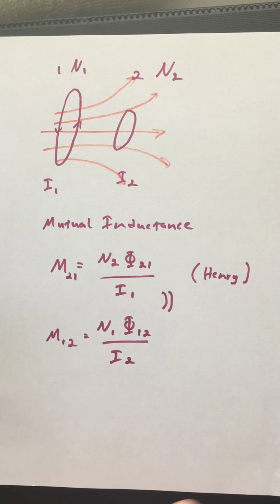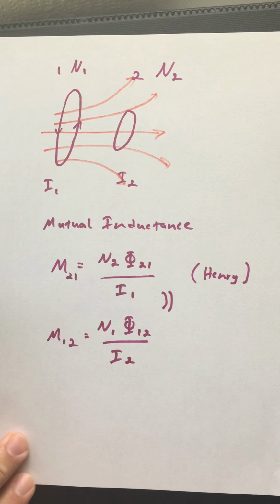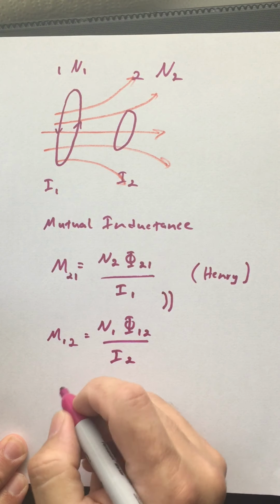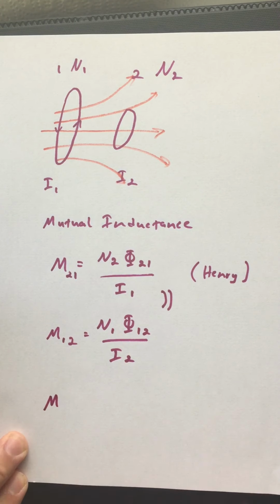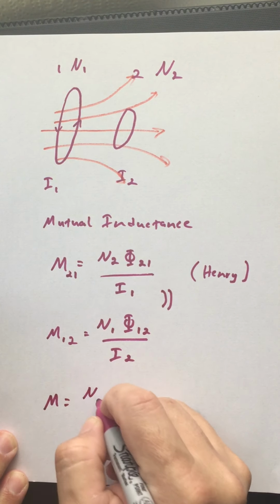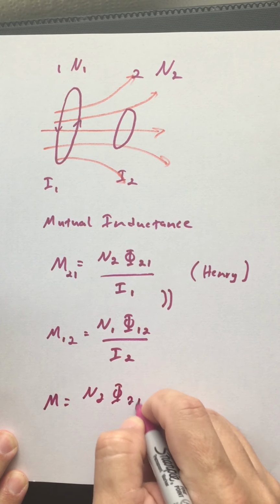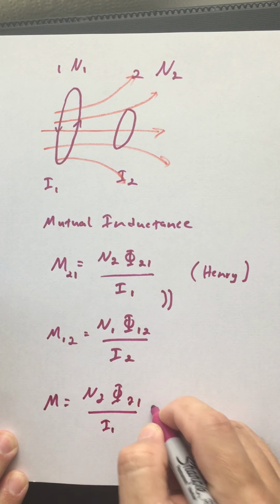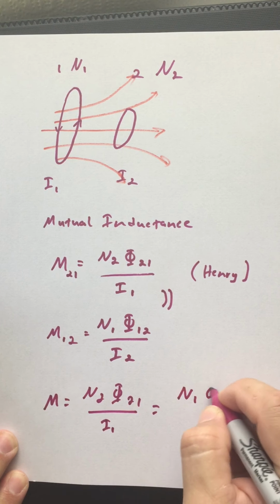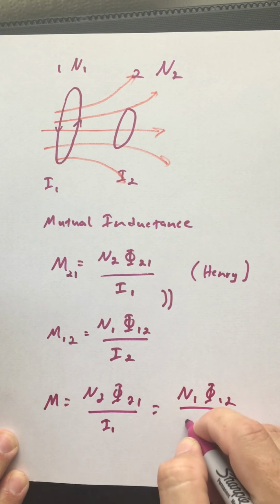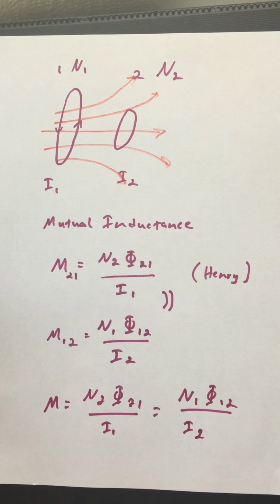If one system is affecting the other, there has to be something in those two systems which relates them, and it turns out it's the mutual inductance. So that enables us to just drop the subscripts and say that the mutual inductance of this system is equal to either one of these expressions, for example N1 phi12 over I2.